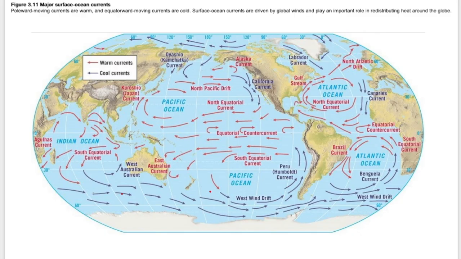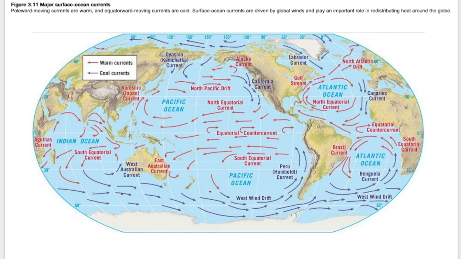We have ocean currents, and this map here is showing us the major surface ocean currents around the world. So poleward moving currents are warm and equatorward moving currents are cold. And on this map, we could see the warm currents are represented by a red arrow and the cold currents are represented by a blue arrow.